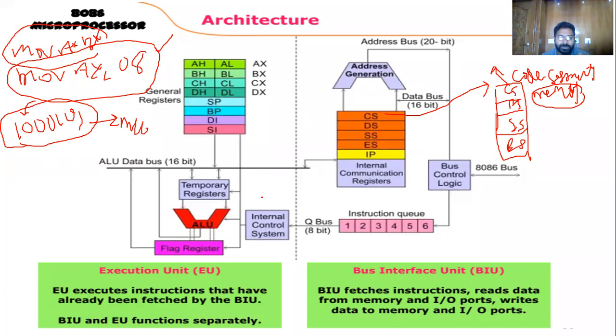So whenever you write a program like MOV AX, BX, the microprocessor takes that instruction to the execution unit.